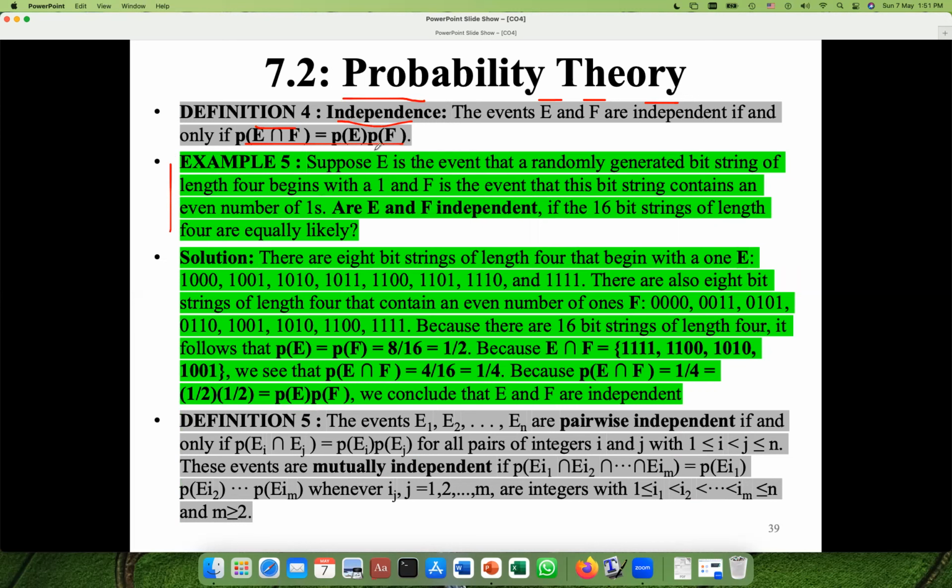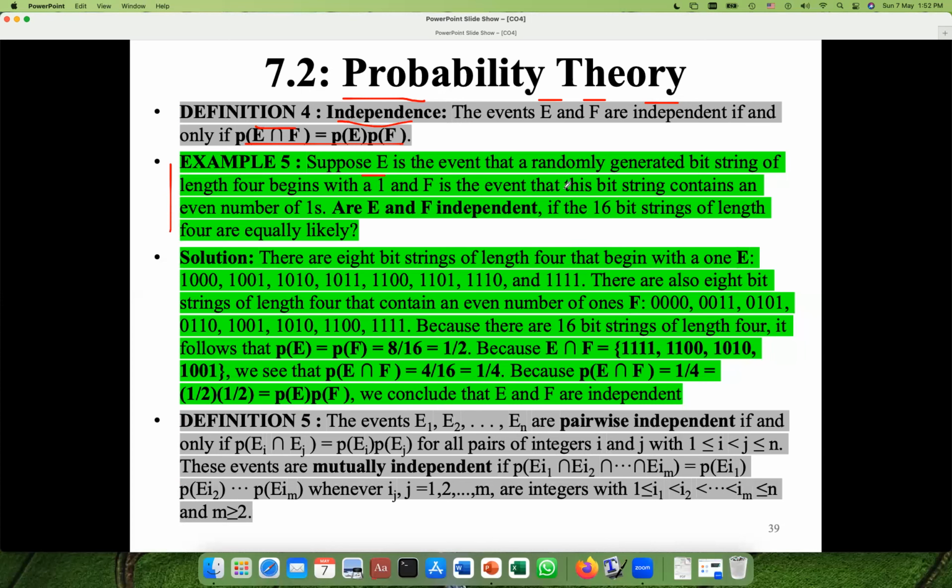Suppose E is the event that a randomly generated bit string of length 4, same as the previous example, begins with 1. So up to now you have only one bit string with length 4, beginning with 1.